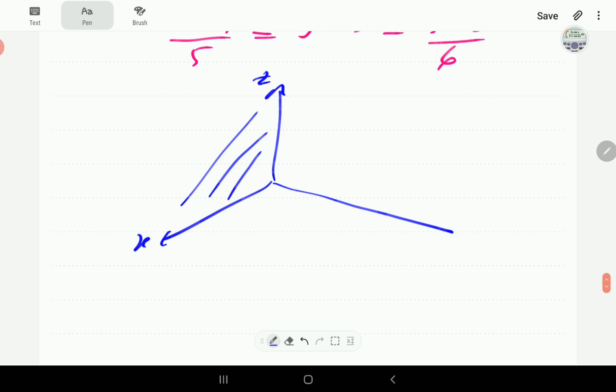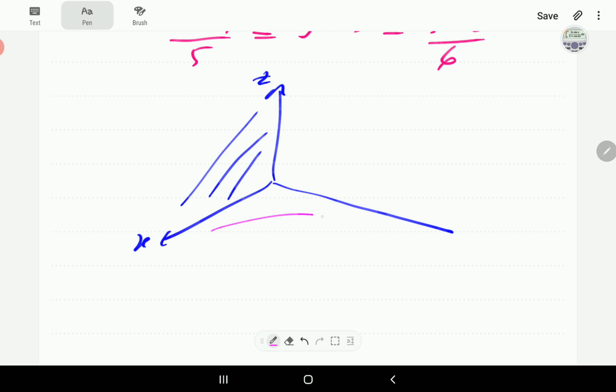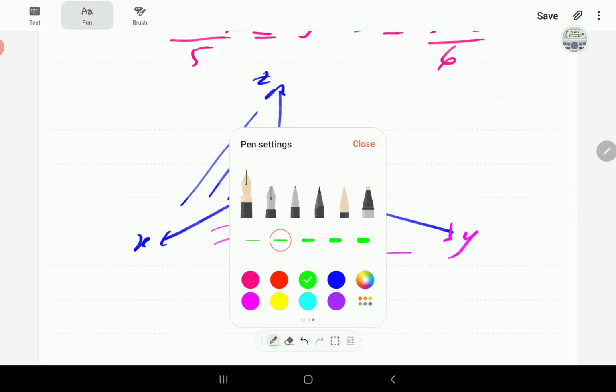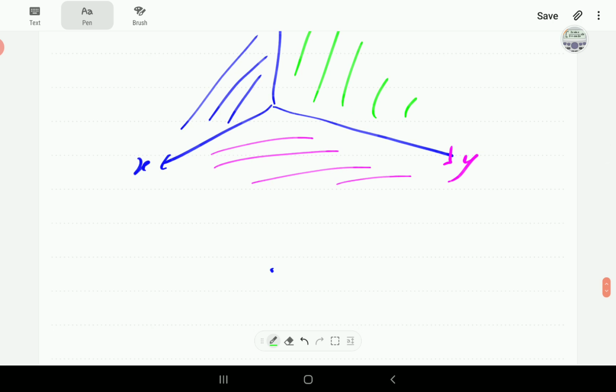Then there is this one, which is the XY, and then there is going to be this one, which is going to be the YZ plane. So let's start with the XY plane.